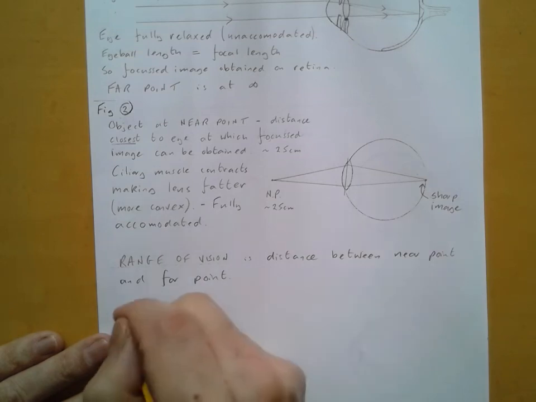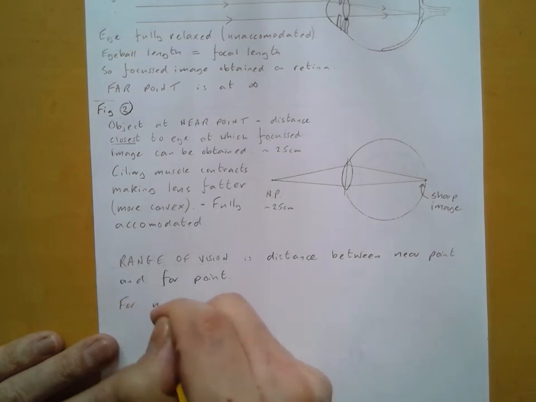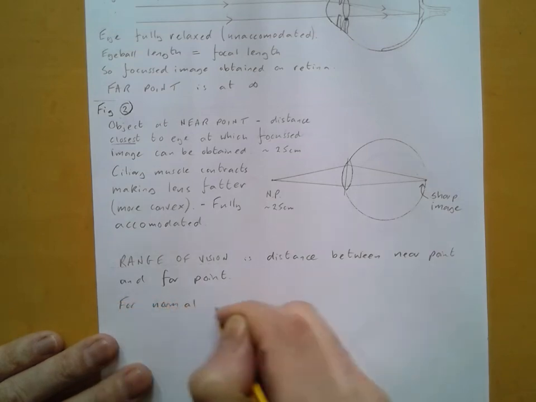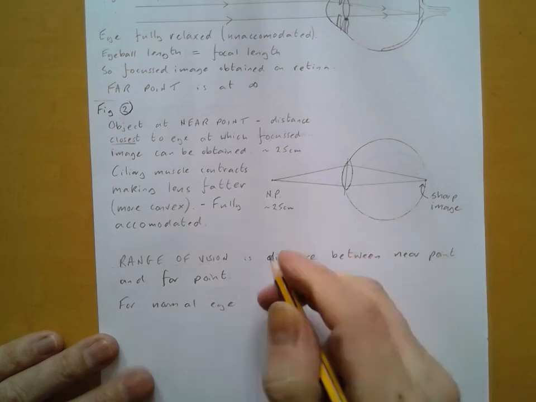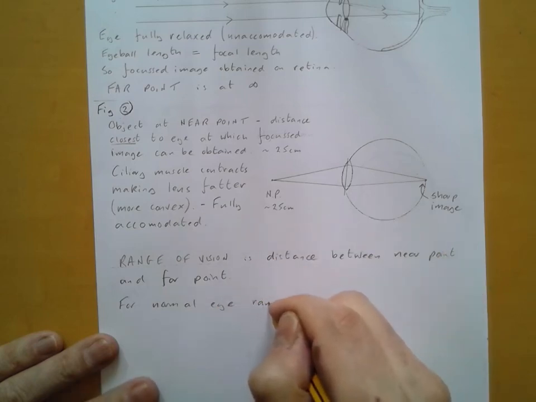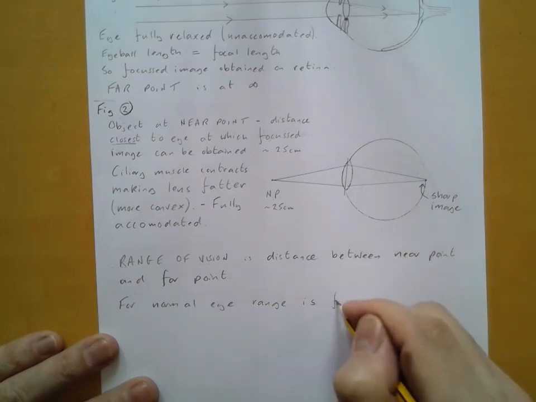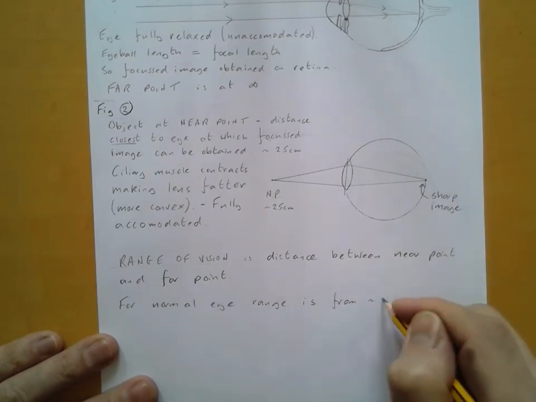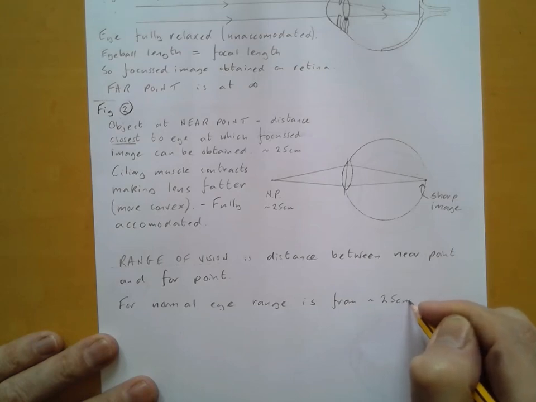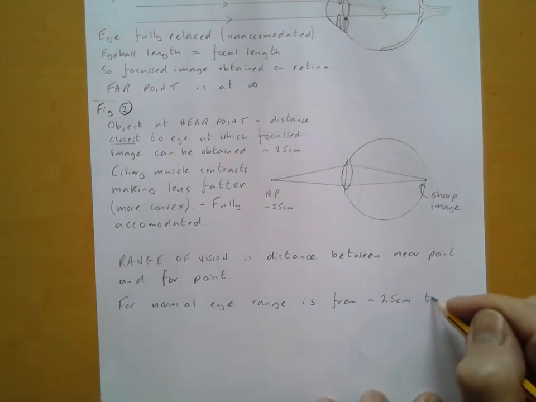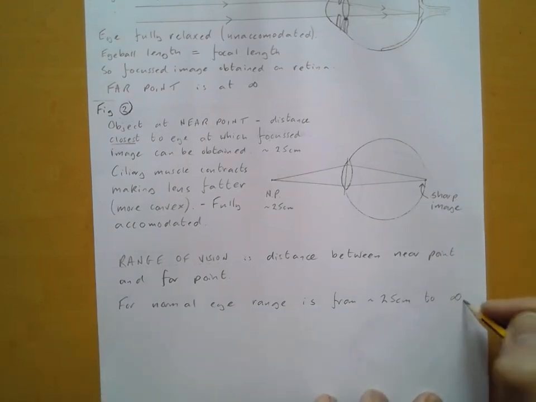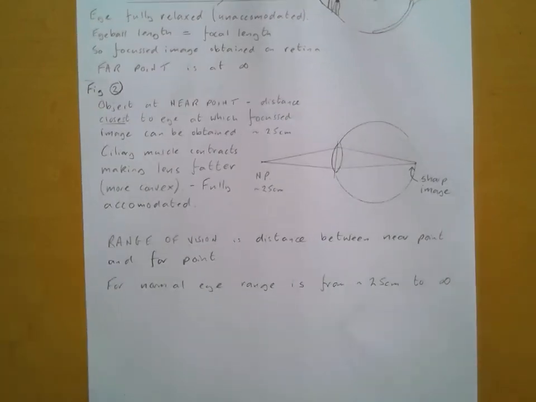And again, for the normal eye, the range is from about 25 centimeters, the near point, out to infinity, which is a few meters and beyond. Okay.